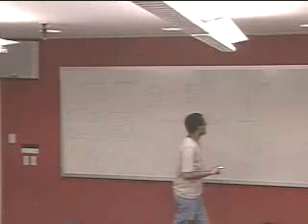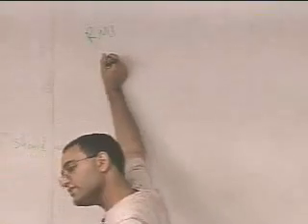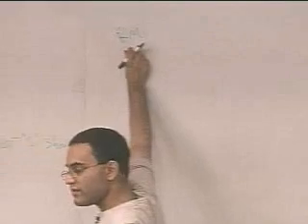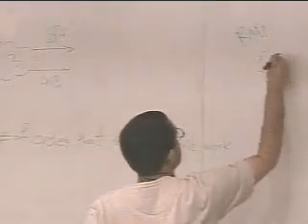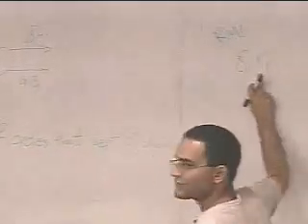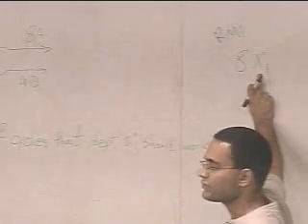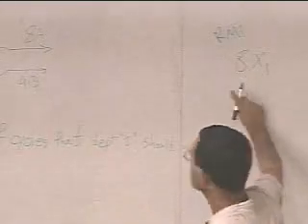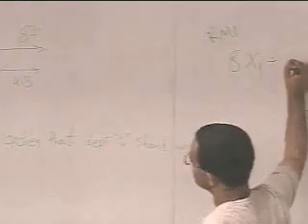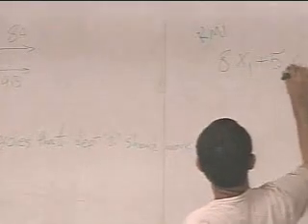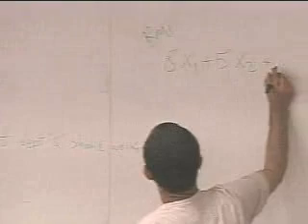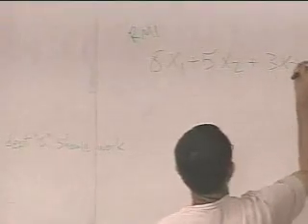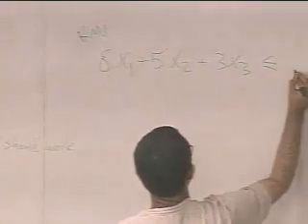So if these are my decision variables, how much of raw material 1 am I using? Exactly. 8x1. Whatever number of cycles x1 the first department works, I would have to use 8 units of raw material 1, plus 5x2, plus 3x3. This should be less than or equal to 100.